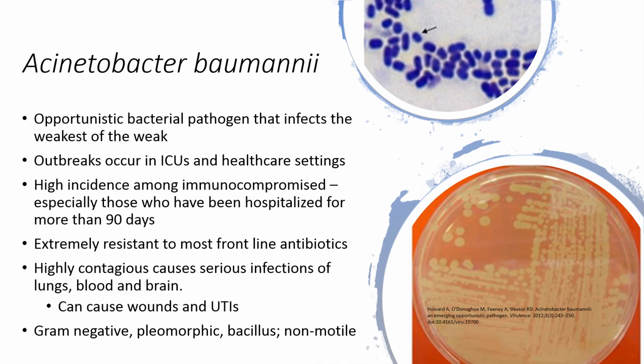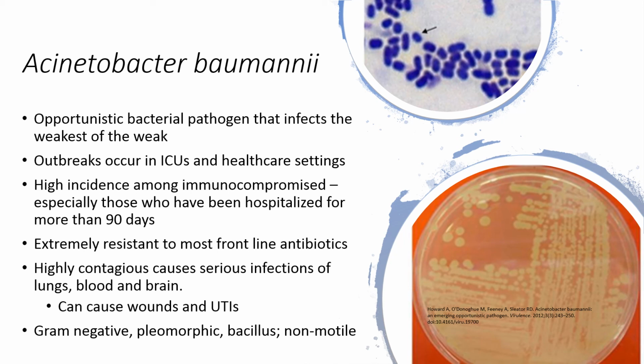Now, by itself, Acinetobacter baumannii is not really something to get excited about. It's not particularly virulent by itself. However, this particular bacterium is especially adept at acquiring antibiotic resistance, and this is why it's now a problem.